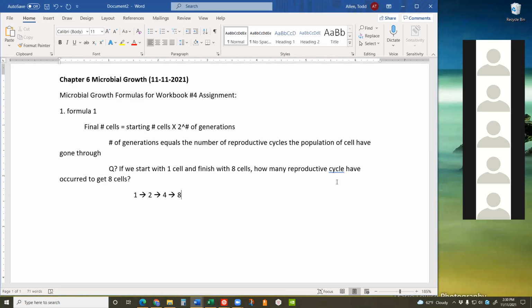So all told, for 1 cell to grow into a population of 8 cells, we must have gone through 3 generations, 3 reproductive cycles. Okay. Each arrow is a binary fission event. Each arrow is a generation.